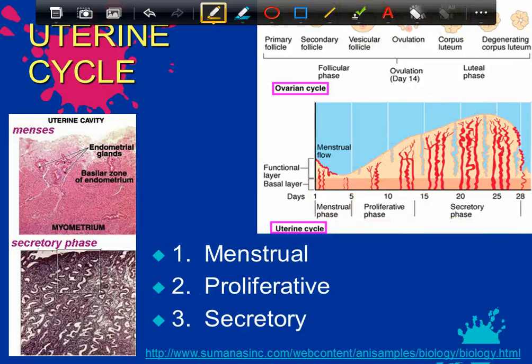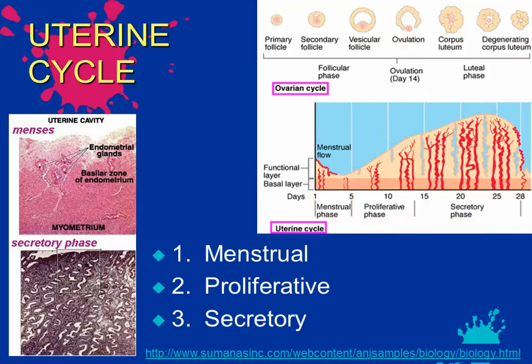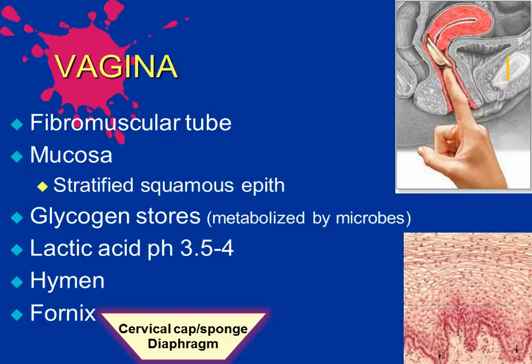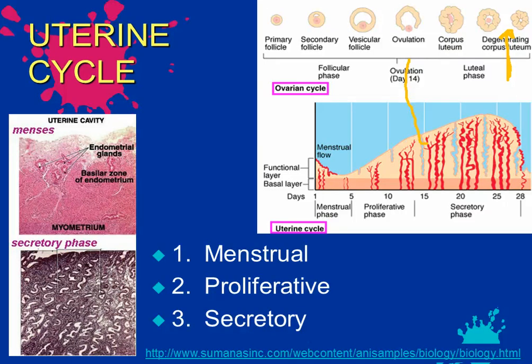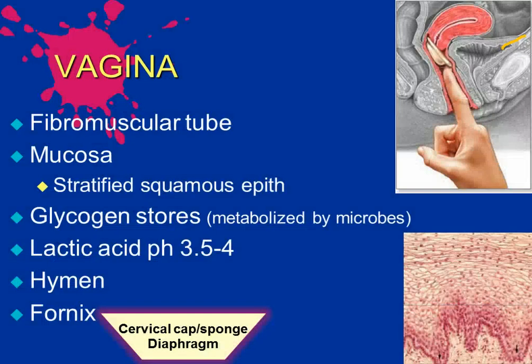Now, what's going to happen is right around this period of time, right here, if the egg has not been fertilized, we'll talk about that later, the corpus luteum, which has been putting out estrogen and progesterone, driving this increase in thickness, that corpus luteum degenerates.